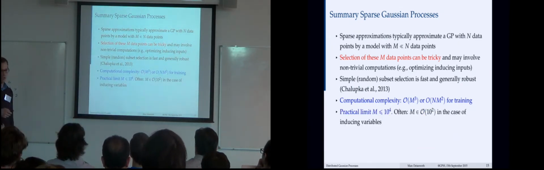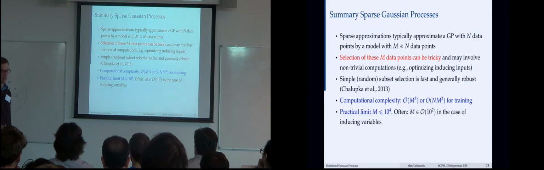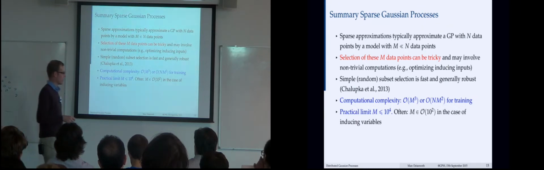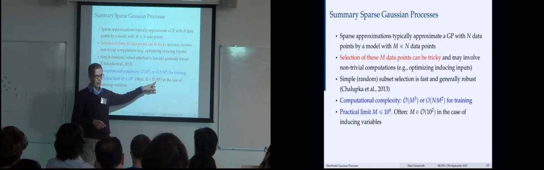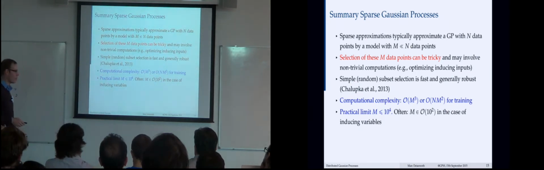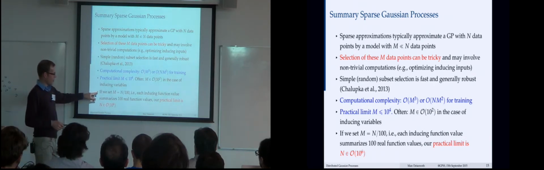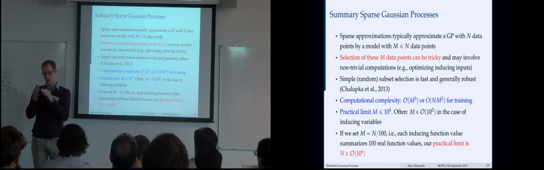Practical limit: if we say the practical limit for a normal Gaussian process is n equals 10,000 data points, I would say the practical limit for the number of inducing inputs is also roughly 10,000. In practice, we choose m much smaller than 10,000, more like in the hundreds, maybe around 1,000. I spoke a bit about compression.